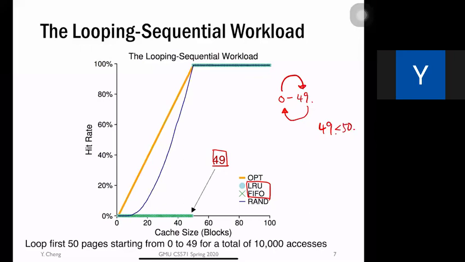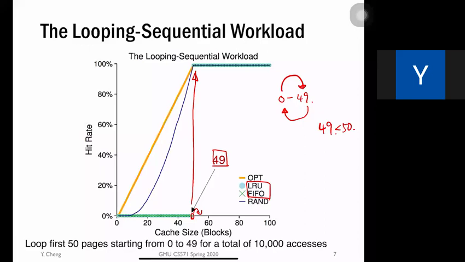And as you jump from this data point to the next data point, you have a significant jump in performance. The performance instantly shifts from 0 all the way to 100%.